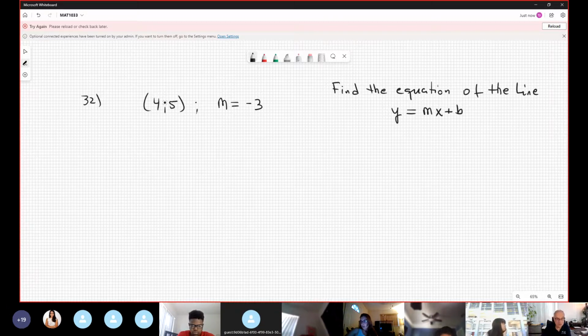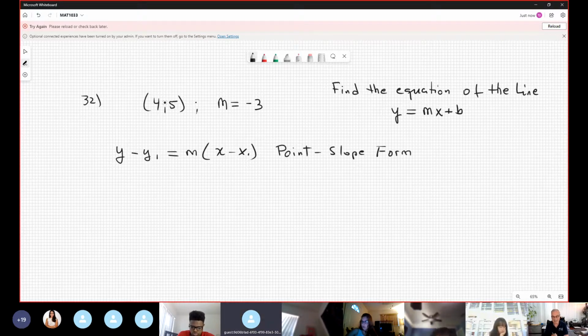So what is the fantastic formula that we use here? y minus y1 is equal to slope, parenthesis, x minus x1. What is the name of this formula? The name of this formula is point-slope form. So point-slope form is fantastic when you have in your hand a slope given, look at that, and a point given.